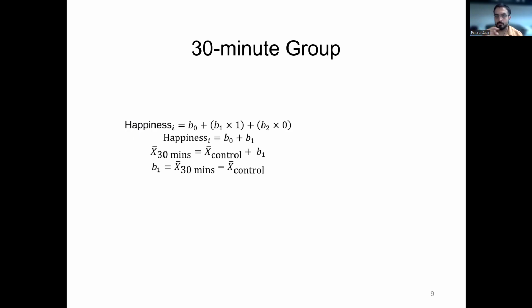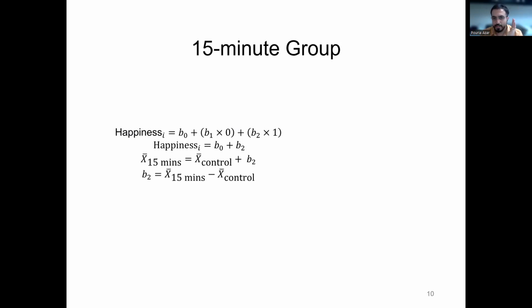And beta 1, the coefficient for the 30-minute group, will be the mean of happiness for 30-minute therapy with puppies minus the mean of happiness for the control group. We do the same thing for the 15-minute group.